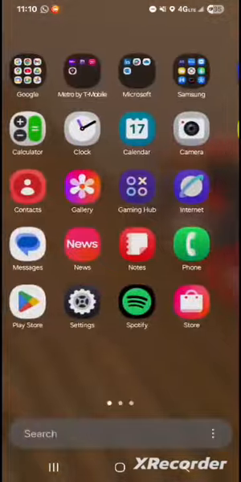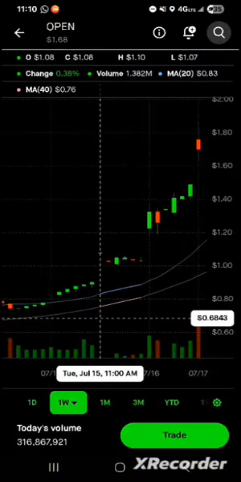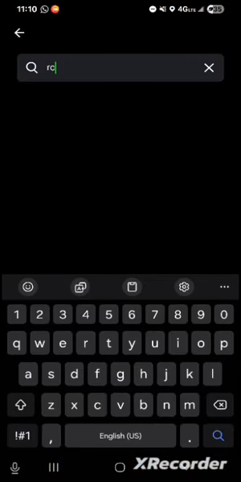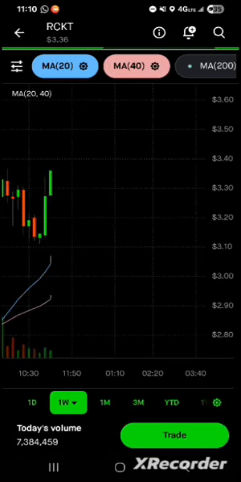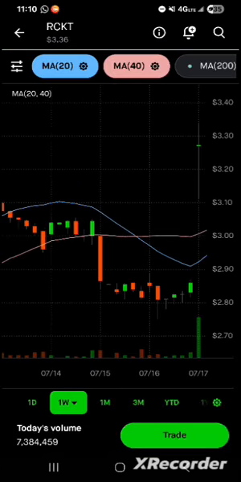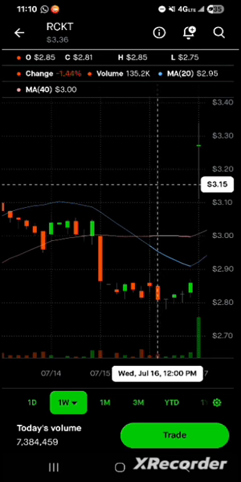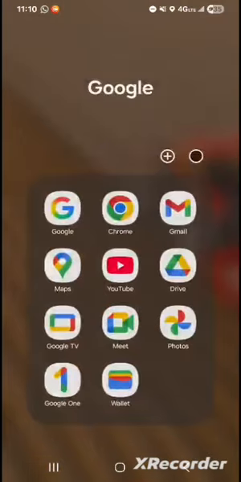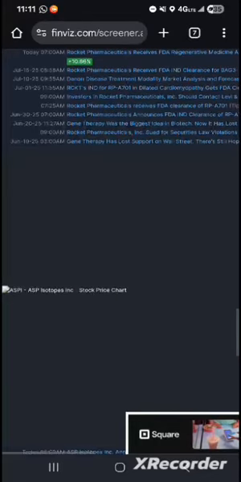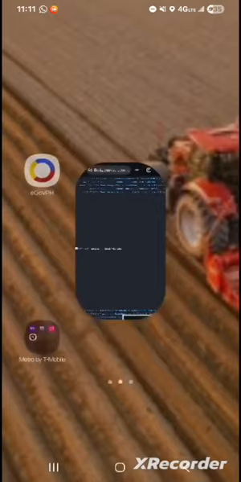Okay. RCKT. Okay, the cross happened here, but it's moving in bearish direction, so we want to avoid that. ASPI.